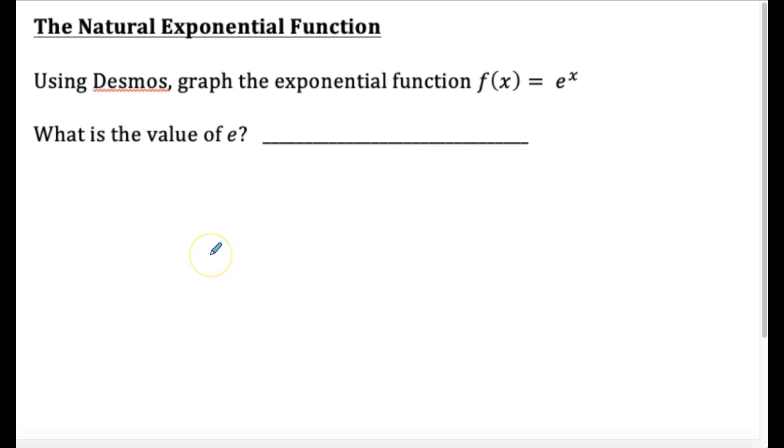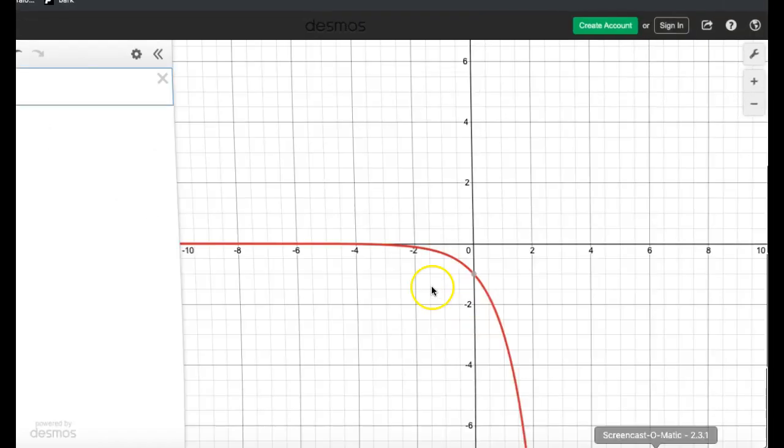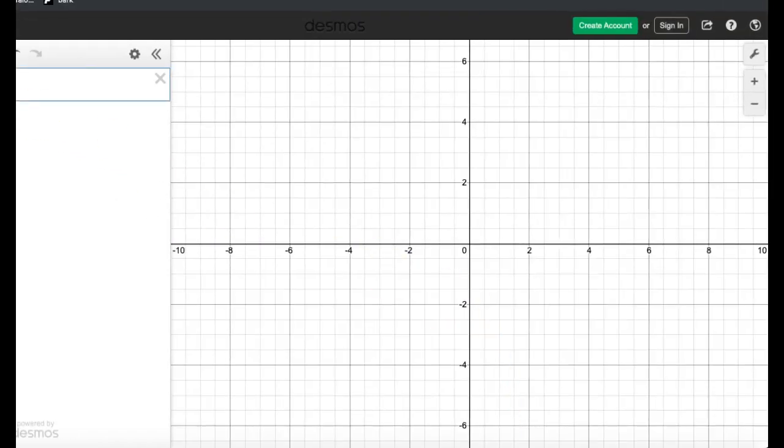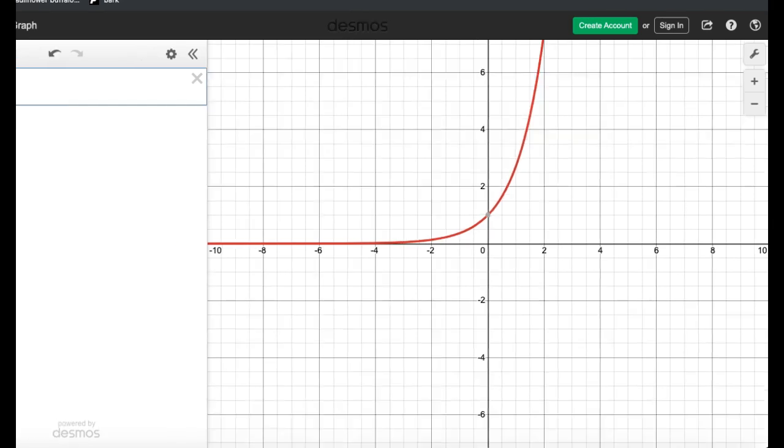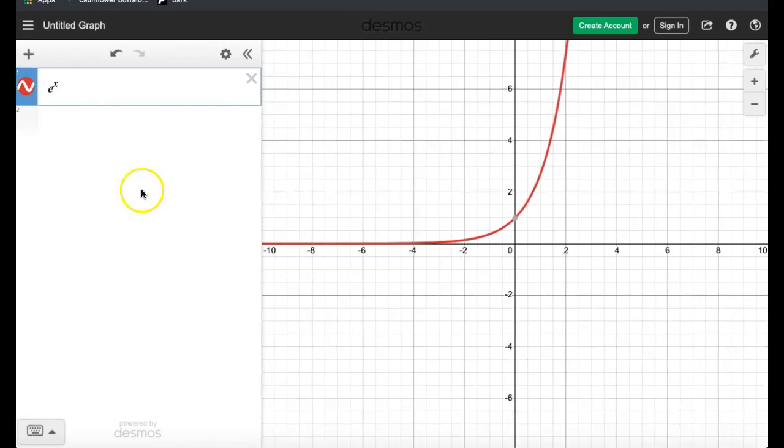So if I graph f of x equals e to the x, we can see the value of E. So let's get Desmos up here, and let's say I graph e to the x power. There we go.